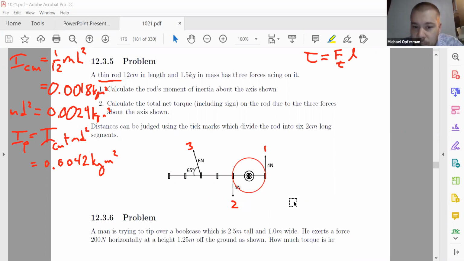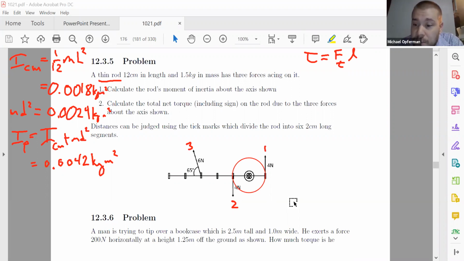Again, the key properties of that circle is the center of the circle is the axis of rotation, and it needs to touch where the force is acting on the object. So this is actually going to be the circle that applies to force 1 and force 2 because they're the same distance away from the axis of rotation. You'll also notice force 1 and force 2 are both already tangent to that circle. They both are right along the tangent lines to the circle.